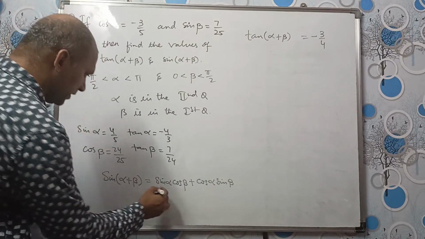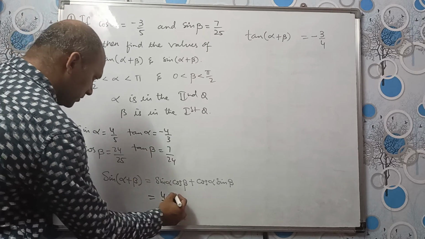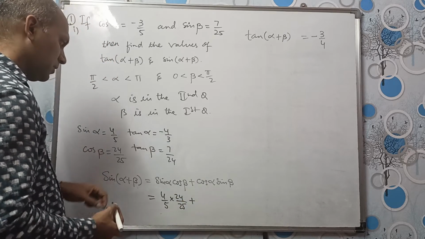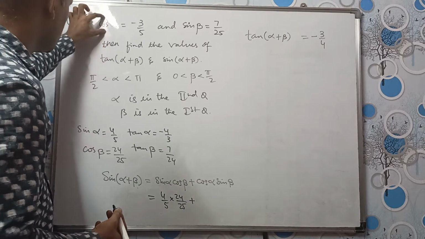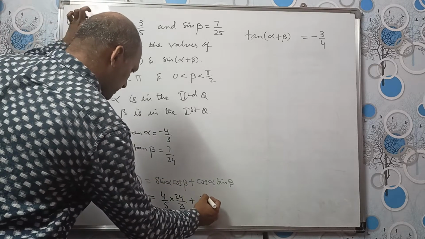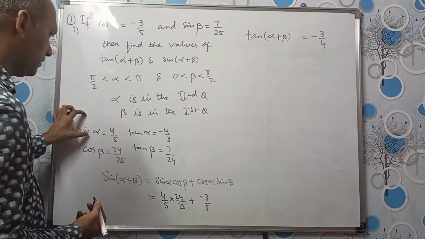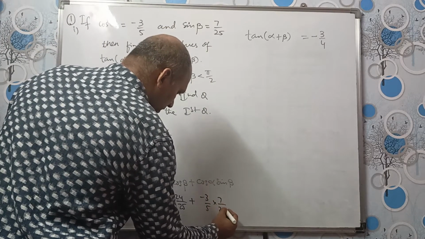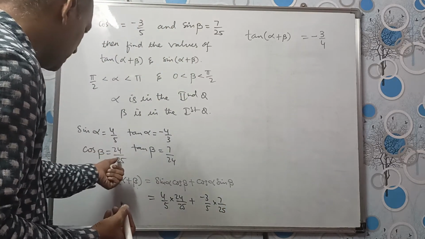Sin alpha is 4 by 5 multiplied by cos beta 24 by 25 plus cos alpha, which is given as minus 3 by 5, right? And sin beta is 7 by 25.